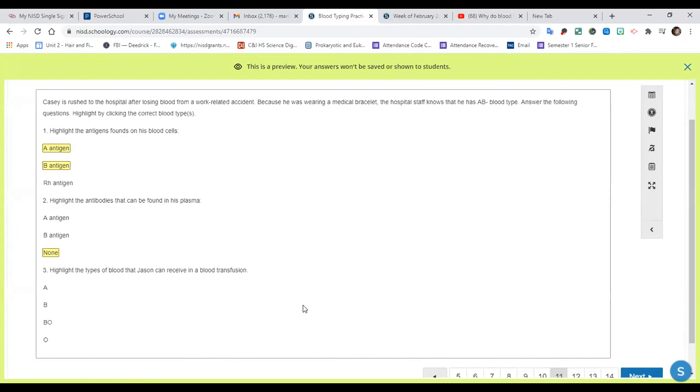Again, he is AB negative. What kind of blood can he receive? Think about it. Can he receive A blood type? Yeah, he can. Can he receive B blood type? Yeah, he can. Why? Because he has no antibodies. He can actually get it from anybody.